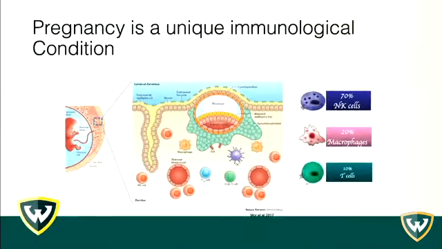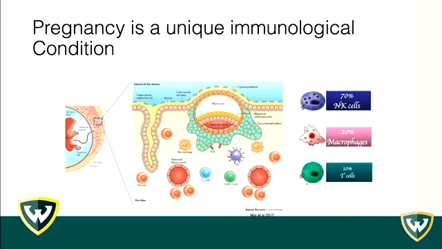Why do we call pregnancy a unique immunological condition? Because if we take a sample of the uterus at the time of implantation, and we look at the cells that are present in the uterus, we'll be surprised that the most dominant cell type, the cellular component of the uterus, are immune cells.